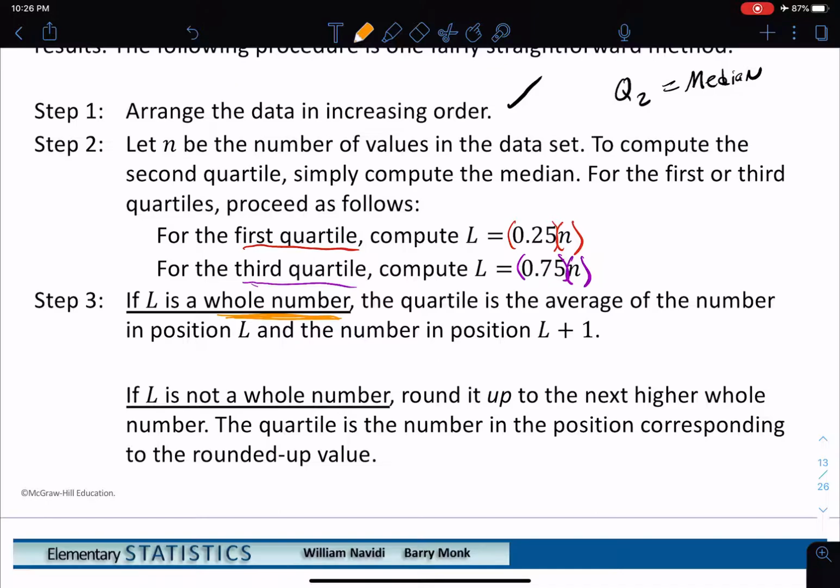If L is a whole number, the quartile is the average of the number in position L and the number in position L plus 1. So basically, you take the number in position L and the next one and find their average. It sounds worse than it is.